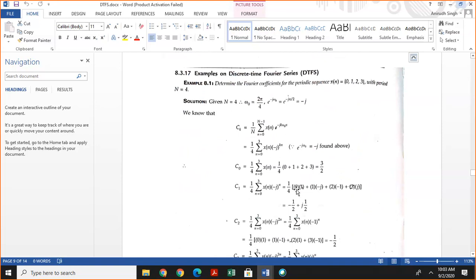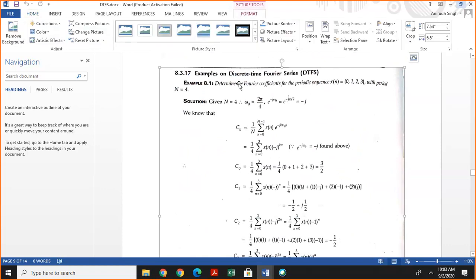Examples on DTFS. Determine the Fourier coefficients of the periodic sequence x of n equal to 0, 1, 2, 3. This is the magnitude of x of n at n equal to 0.